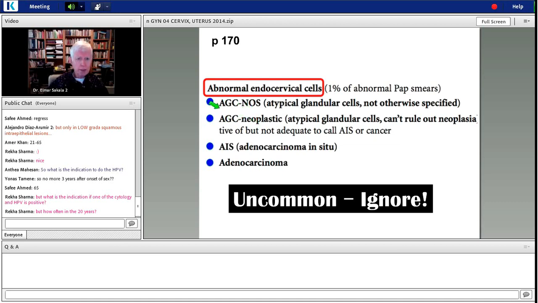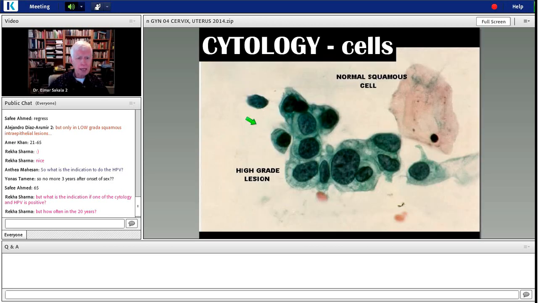AGC NOS, AGC neoplastic. And what this means is that the endocervical cells are assessed in AGC NOS and AGC neoplastic.